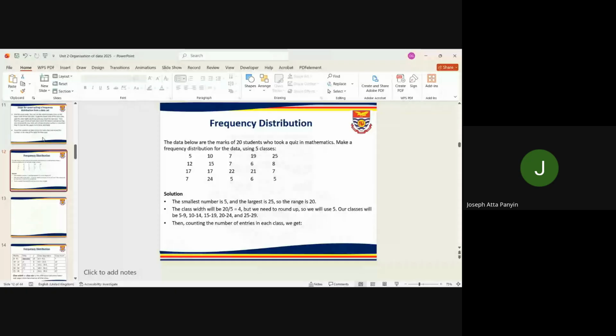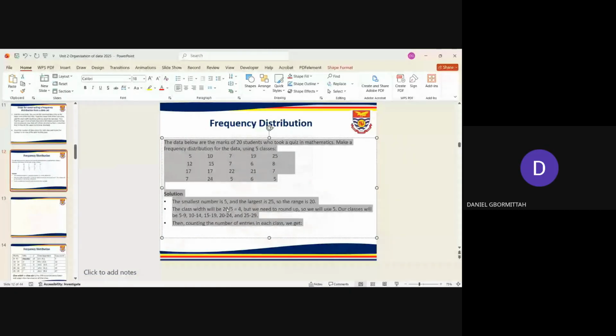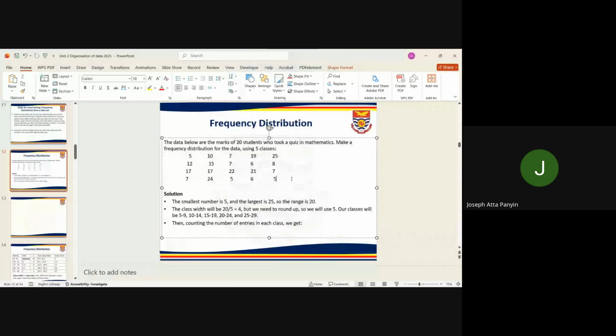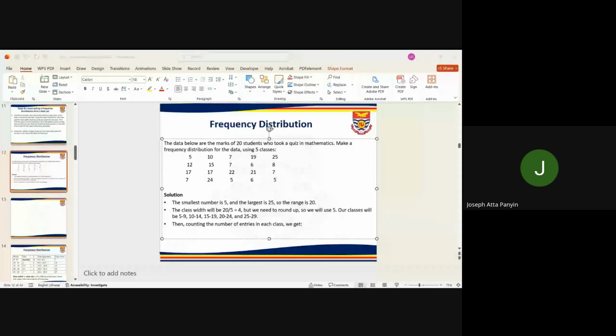I was asking about the interval. They said they started from 5 to 9, but can I also start from 5 to 10? Is that the question you are asking? Class, what do you think? Why not 5 to 10, but rather 5 to 9?